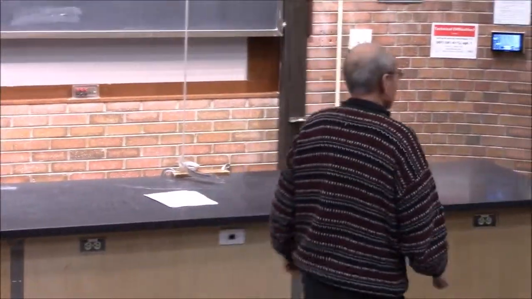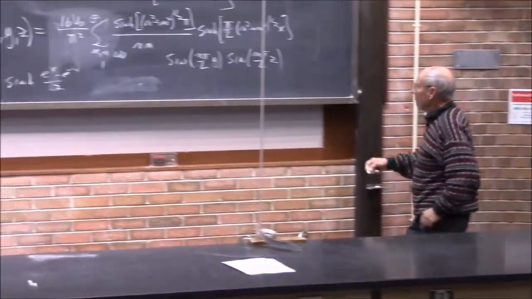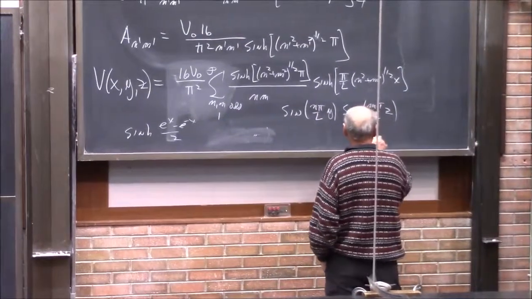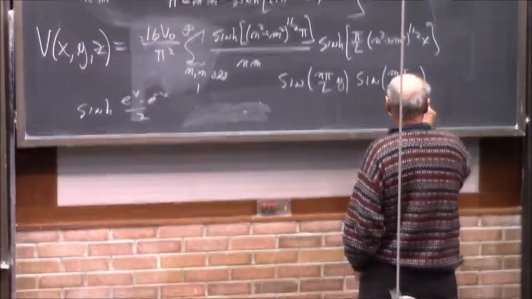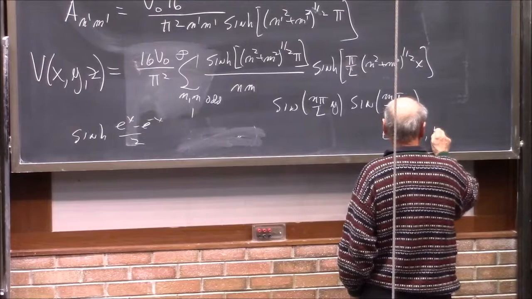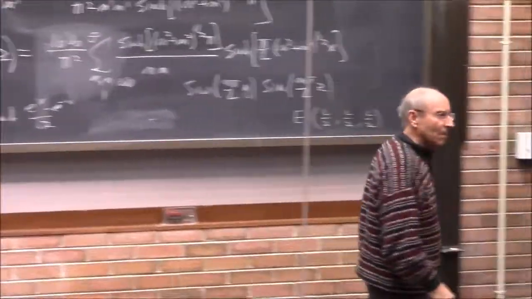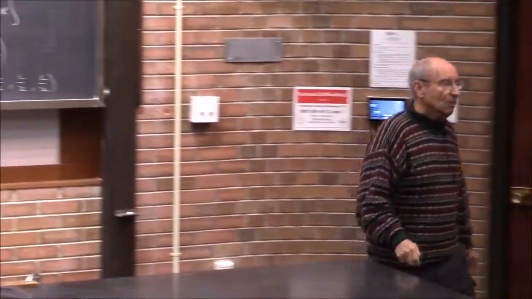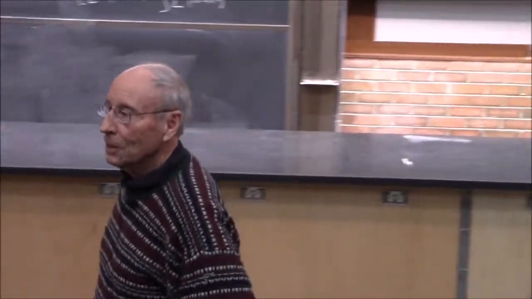Let's ask ourselves, what is the electric field E at a point L over 2, L over 2, L over 2? So it's the center of the box. What must be the y component of the electric field at the middle of the box?